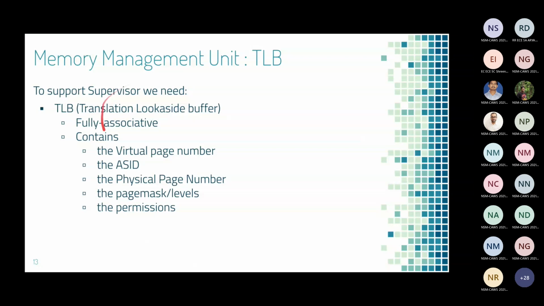So these are the mechanisms and the permissions, and each page table entry will have various types of permissions. It will tell you whether it's readable, writable, executable, whether supervisor has access to it, user has access to it, whether it's a global page or has it been accessed before, all sorts of different things, right? So the supervisor privilege spec will indicate all those permissions and all those setup of the page tables.